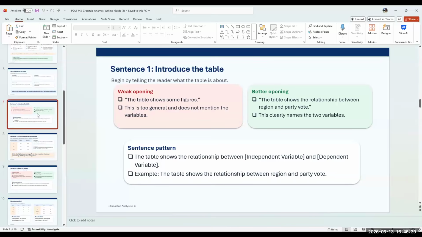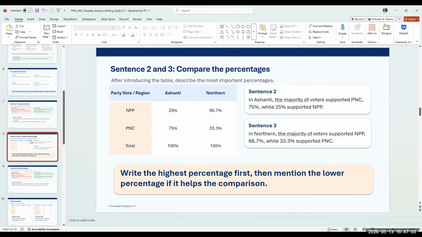You can write, the table shows the relationship between party vote and region. So you mention the independent variable and the dependent variable. This can be your first line for the introduction. Sentences 2 and 3: compare the percentages.